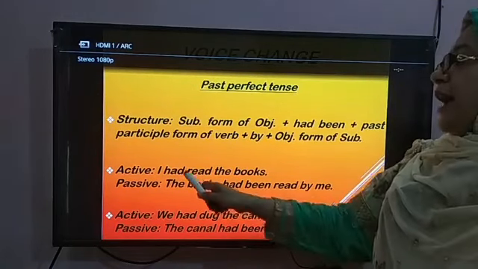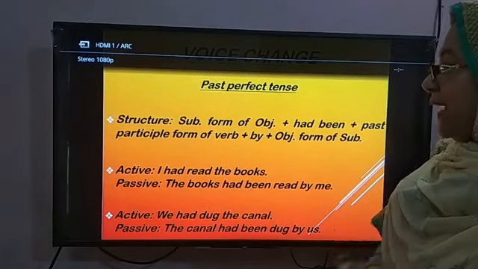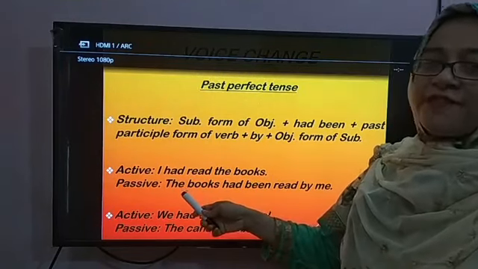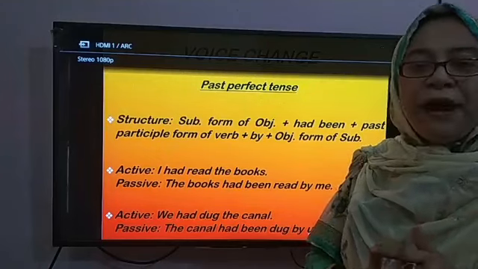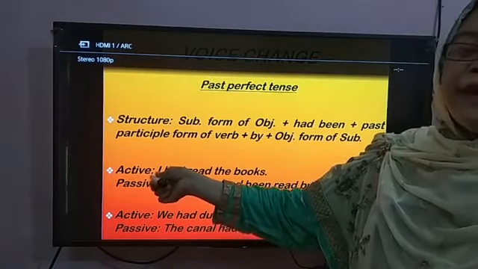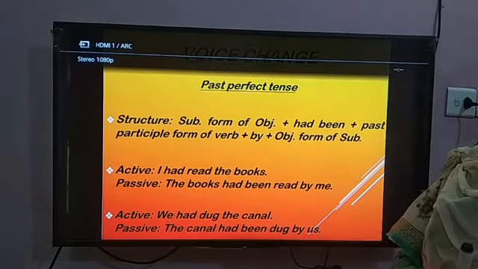I had read the books. The books become the subject. The books had been read by the objective form of I, which is me. The books had been read by me.